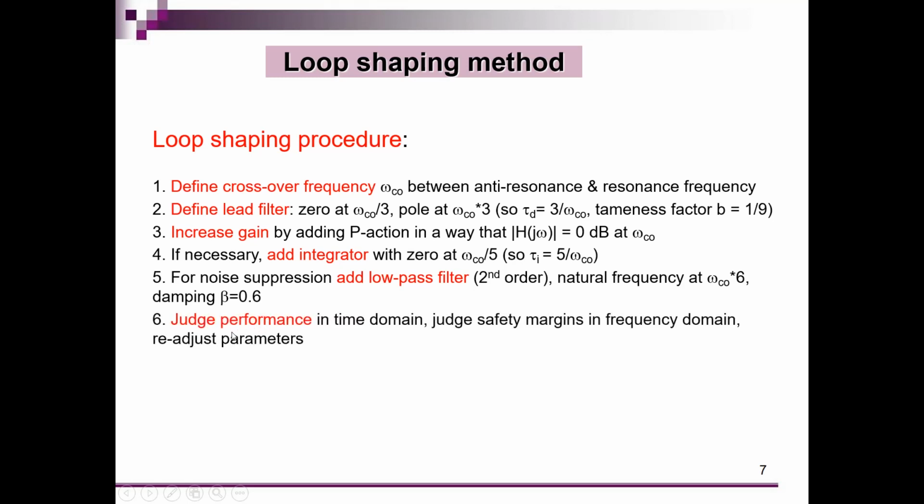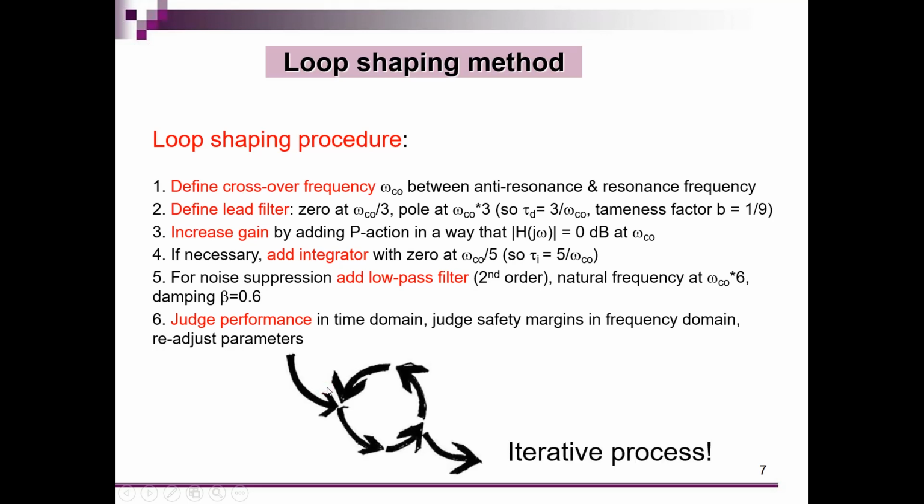Then you judge your performance in the time domain, and you judge your stability margins in the frequency domain, and then you could readjust the parameters because it's an iterative process, but it's really a good starting value. So this is the loop shaping procedure, and points 1, 2, and 3 are the basic elements of it.